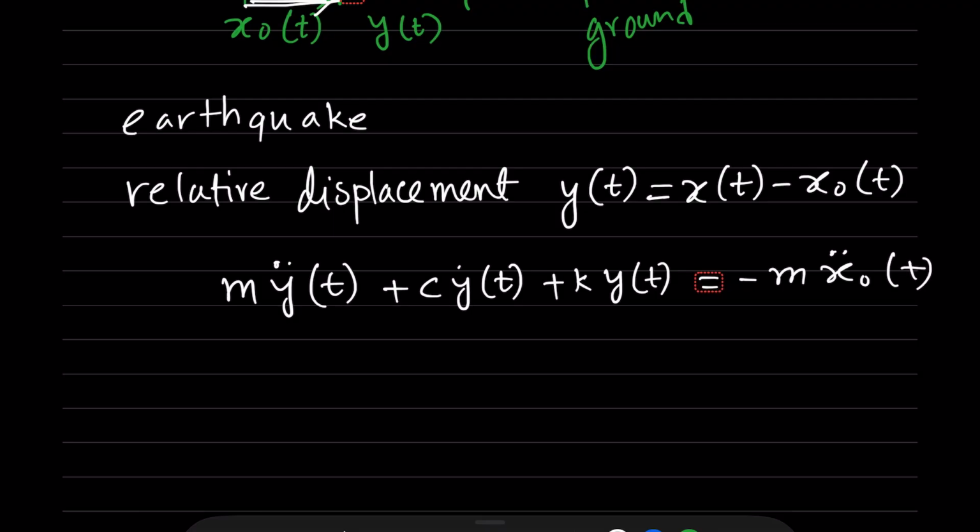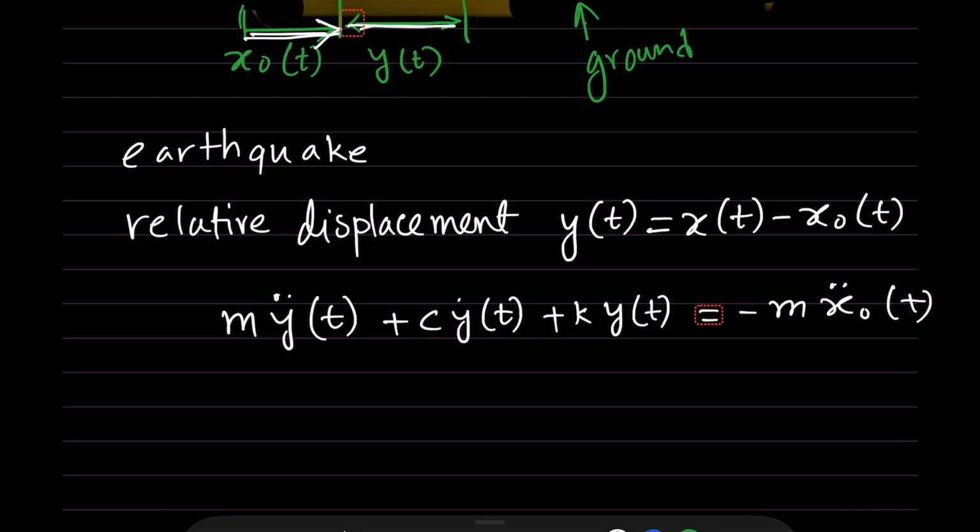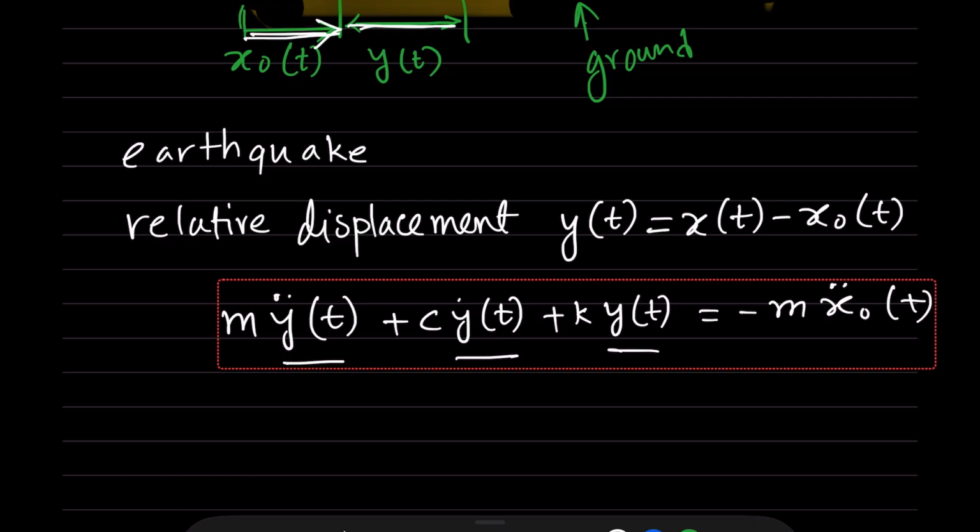This is the acceleration, this is the velocity, and that's the displacement, and by combining all of them you get the governing equation of the relative displacement between the girder and the ground.